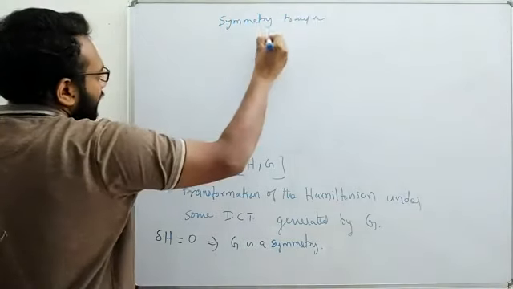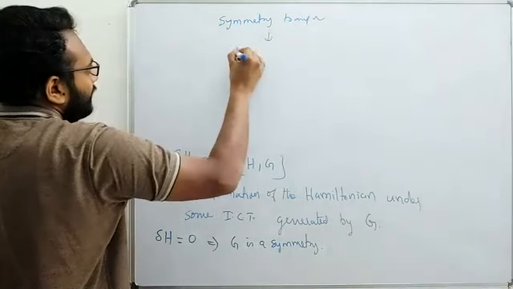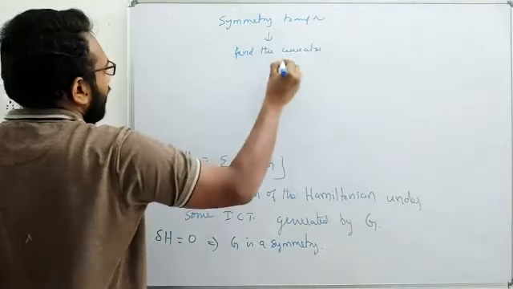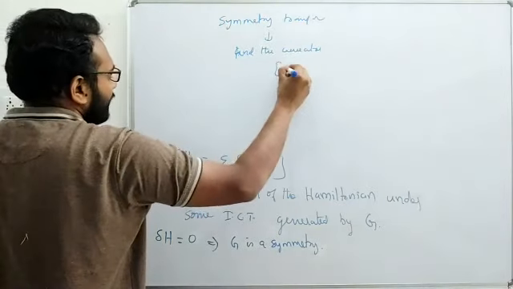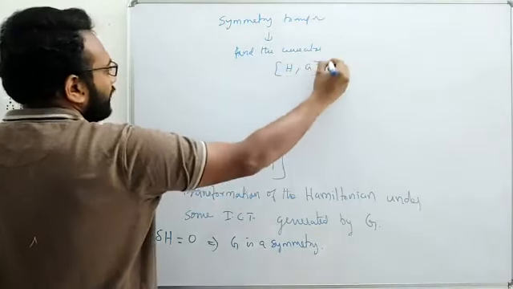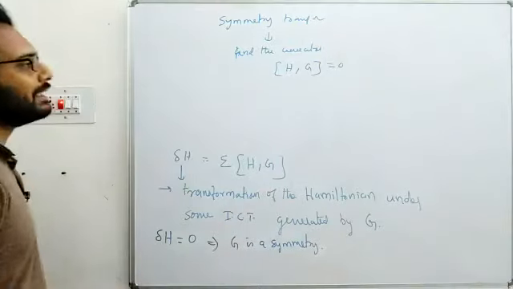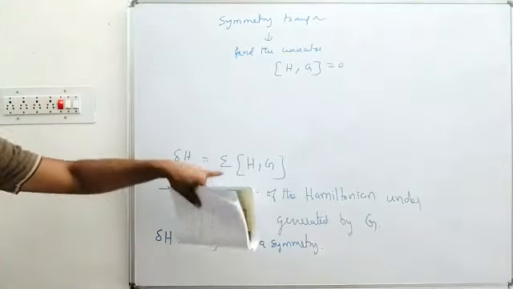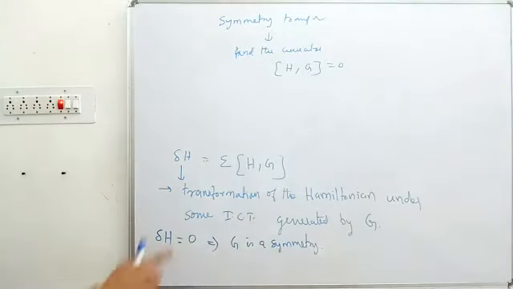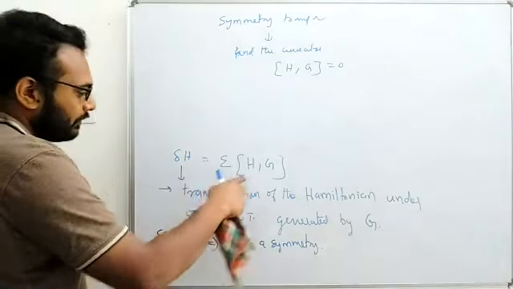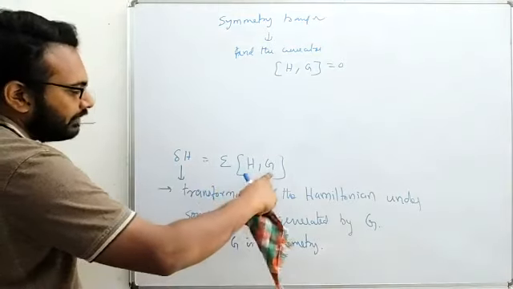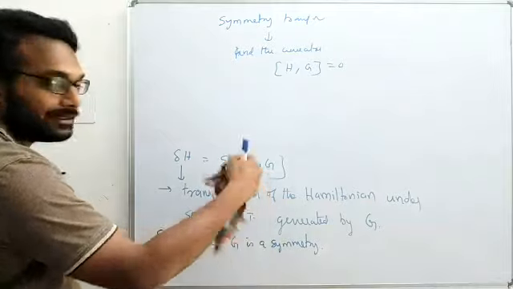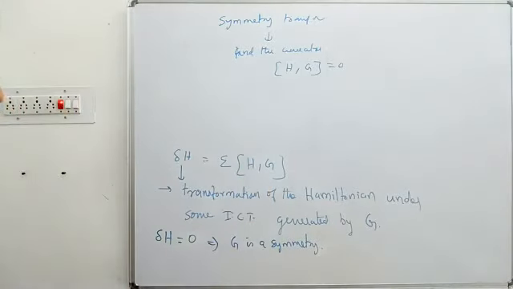You find the generator of that transformation, and if the commutator of that generator with the Hamiltonian is equal to 0, then we say that this transformation is a symmetry transformation. That's the result we got here. I'm explaining again: if delta H equals 0, then whatever transformation is generated by G is a symmetry transformation.